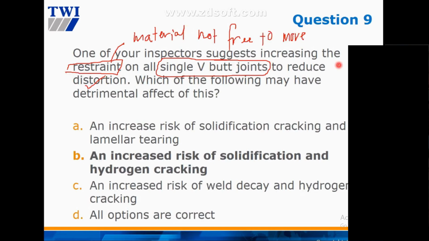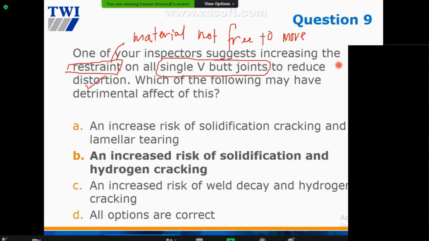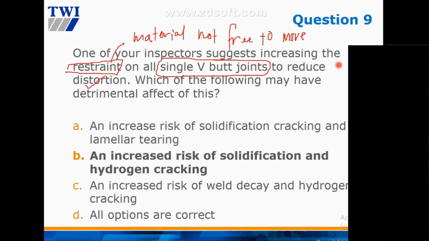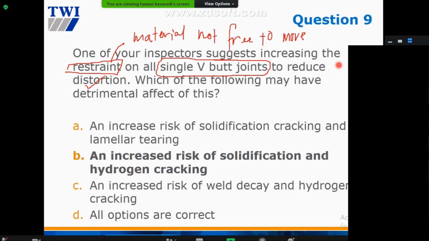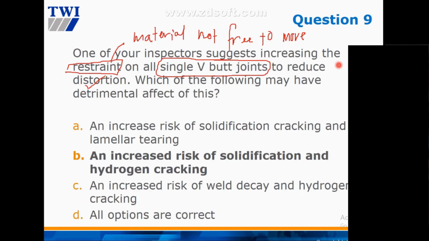That's what we understand about restraint. So during welding, the material is fixed. It's not moving. When it's fixed, no distortion. That's correct. But very high stress, because, you know, not moving. Someone ties you, puts you in a room for 10 hours. So what do you feel? You feel very high stress because you cannot move. That's the same thing here.